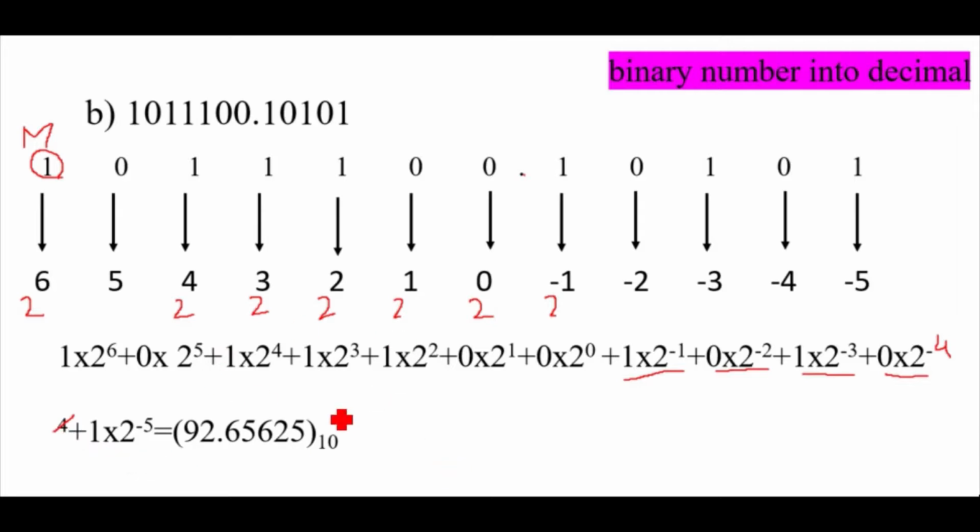Now when you solve this one, you will get 92.65625 in decimal. This is in binary, in base 2. So this is your solution for this question.